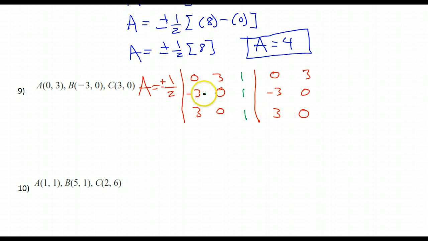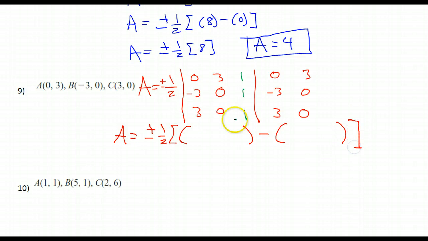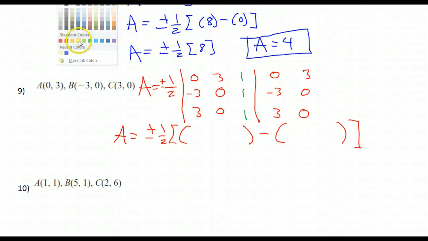Okay, so let's finish this up. Down diagonals minus up diagonals. So that area is going to equal plus or minus 1/2 times the down diagonals minus the up diagonals. So the down diagonals are like this.